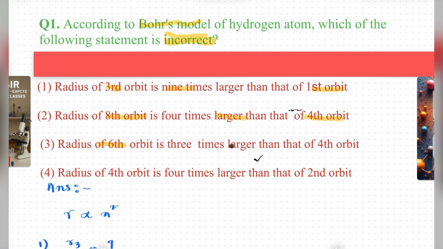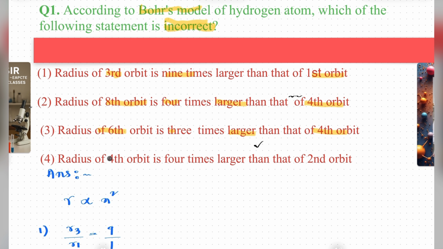Next, the sixth orbit is larger than the fourth orbit, 3 times. And the last one, the fourth orbit is 4 times larger than the second orbit. This is the question.